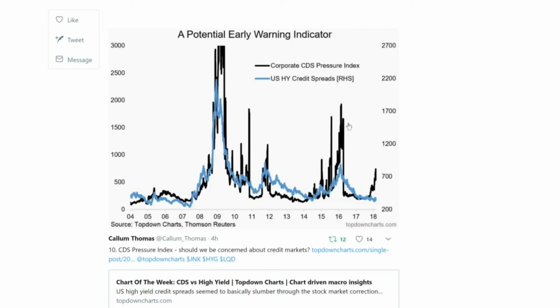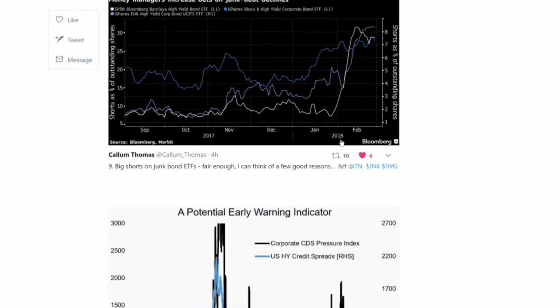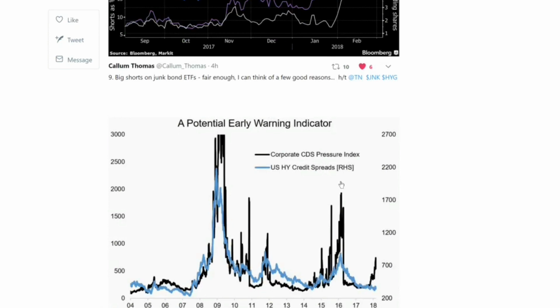I think high yield credit, junk bonds, are always worth paying attention to. It's something that I watch quite closely. It's a pretty key asset class for asset allocators, so of course it's on my mandate. And how it relates to the stock market is pretty key through two channels.